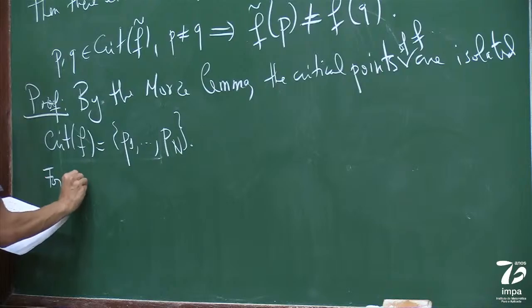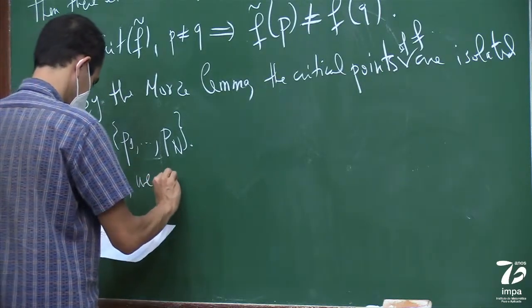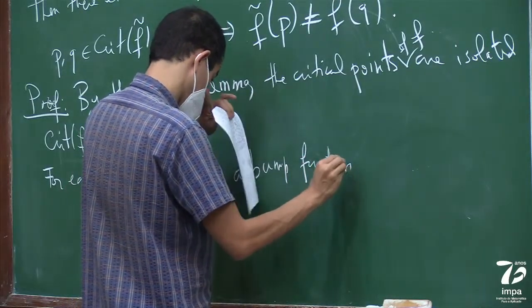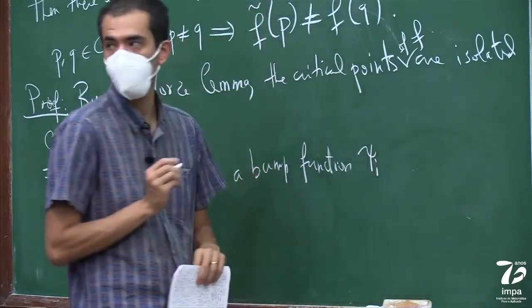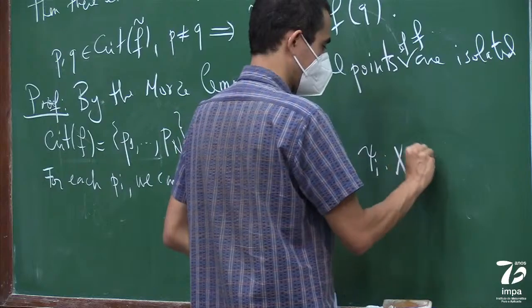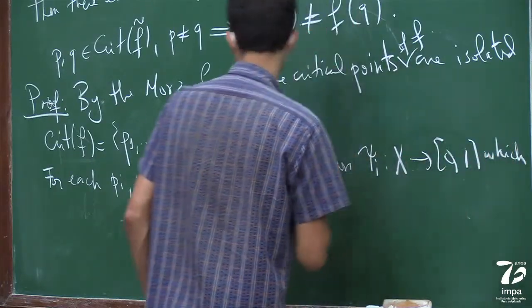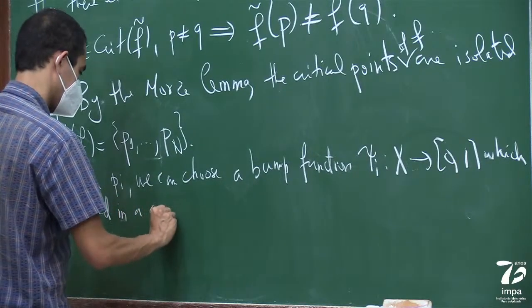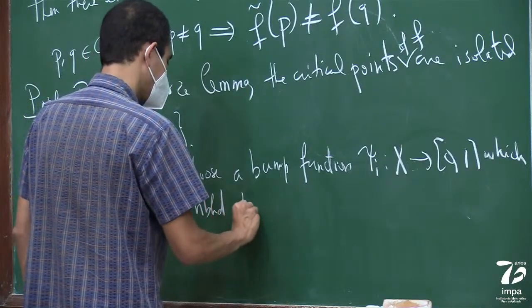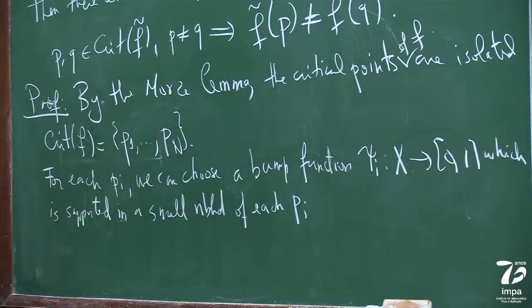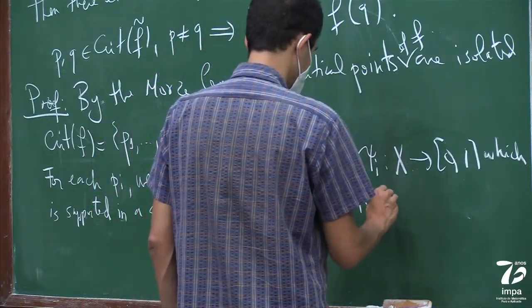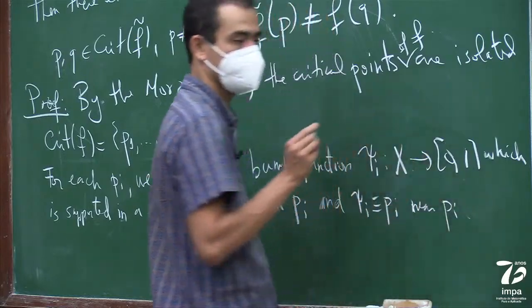So for each critical point, for each p_i, we can choose a bump function psi_i from X to [0,1], which is supported in a small neighborhood of each p_i, and which is identically 1 in an even smaller neighborhood around each p_i.